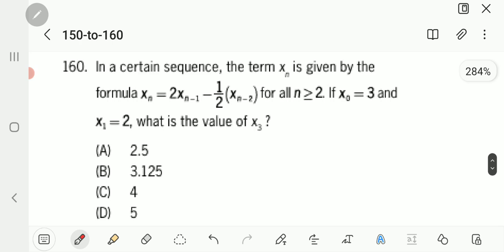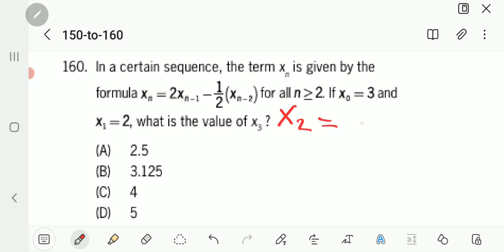To get S3, we need S1 and S2, so we need the last two terms. We are given S1. We are also given S0. So we can use S1 and S0 to get S2. The first thing we are going to do is get S2.